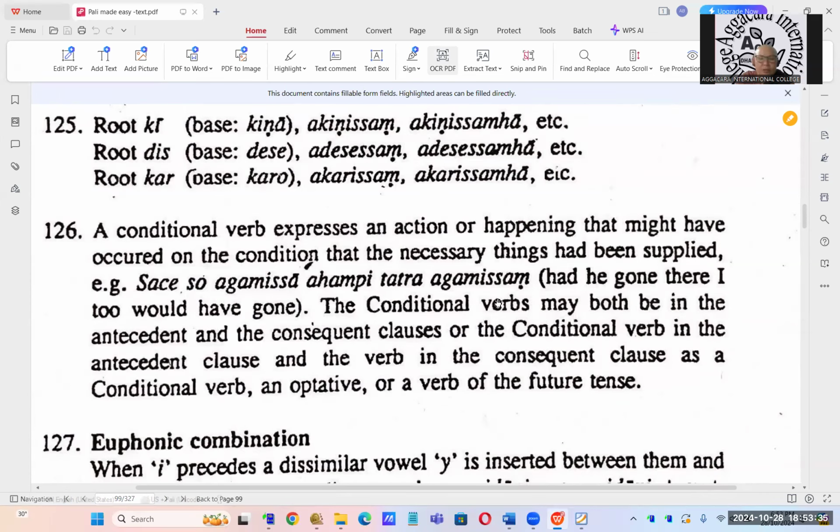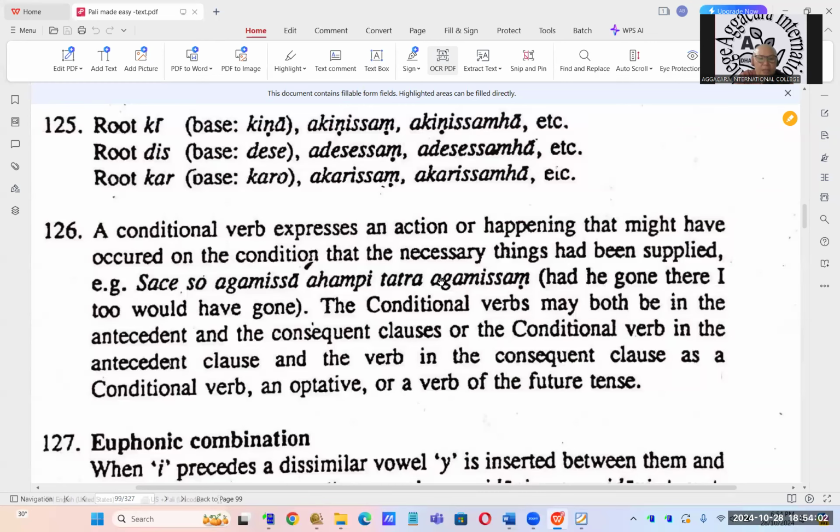Right. So conditional verbs may be both in the antecedent and the consequence clauses. So as conditional verbs, optative verb in the future.